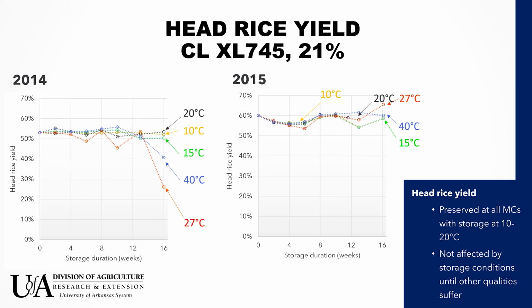And we can say clearly, from the range of temperatures that we studied and for the range of moisture content that we studied, that the head rice yield is preserved with storage at 10 to 20 degrees Celsius all the way up to 16 weeks. So they are not affected significantly until other storage parameters start being affected.